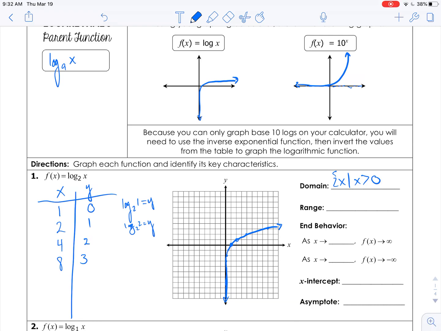Let me call this y. But what's my range? What y values can I have? And this arrow here suggests that it's going to go up and right forever. So this is where it's a little bit different than our exponential functions. This is all real numbers.